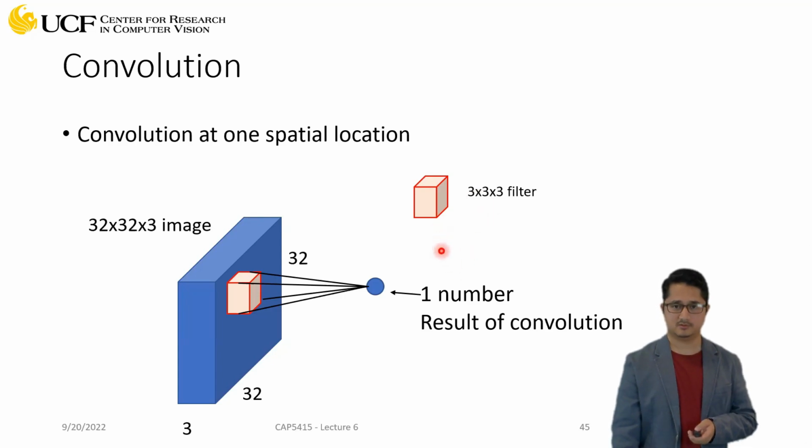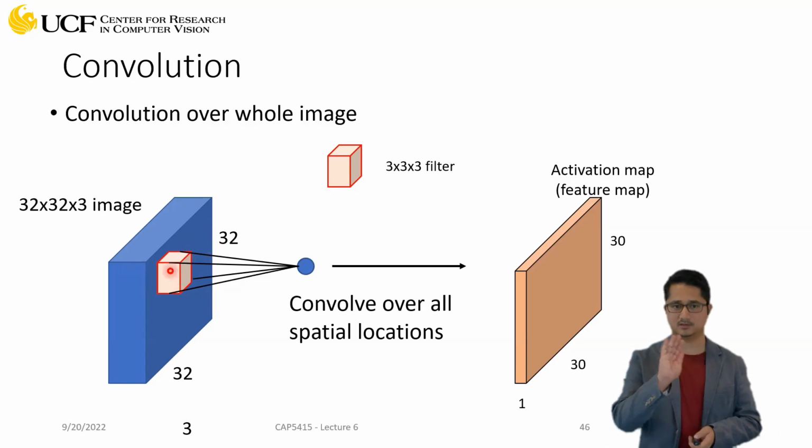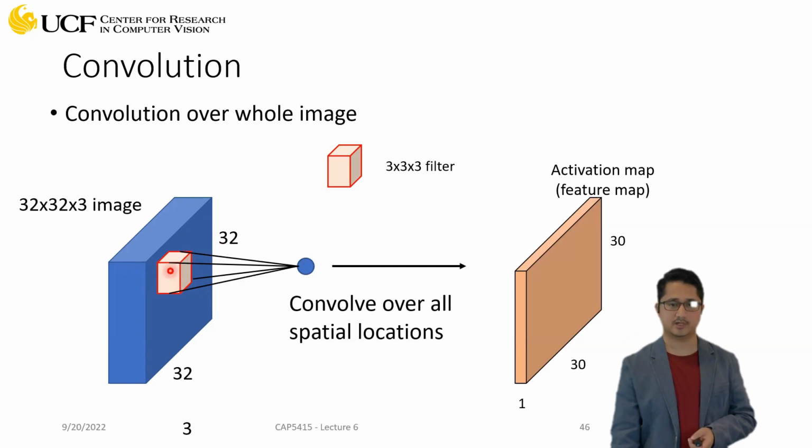Now, you take this filter and applying it at one location gives you one value, but you don't just stop there. You will apply it at all the possible locations. You have seen the sliding window approach. We have talked about that earlier.